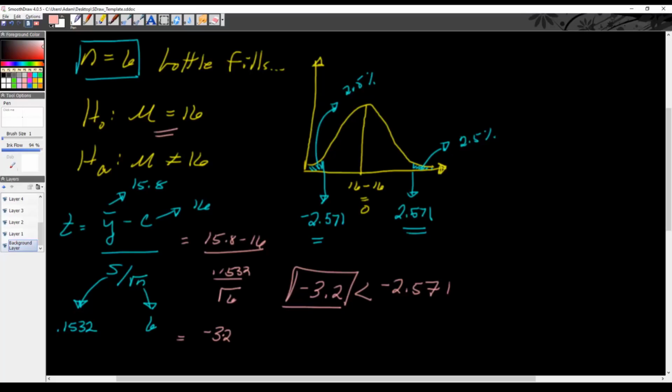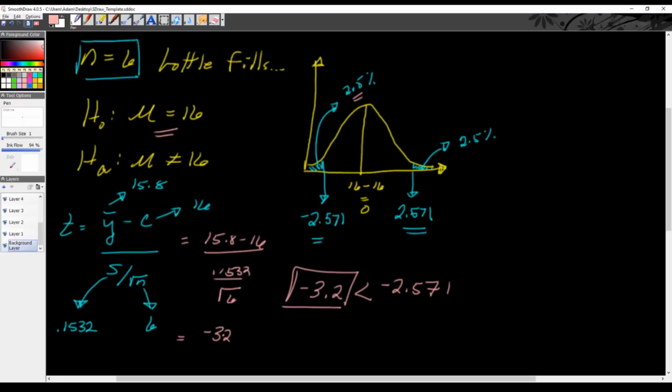In other words, if it's really 16, once I standardize it, very rarely will I observe a sample value that is 3.2 standard deviations from the hypothesized value. I'll observe that less than 5% of the time, with the cumulative area in both tails being 2.5%.